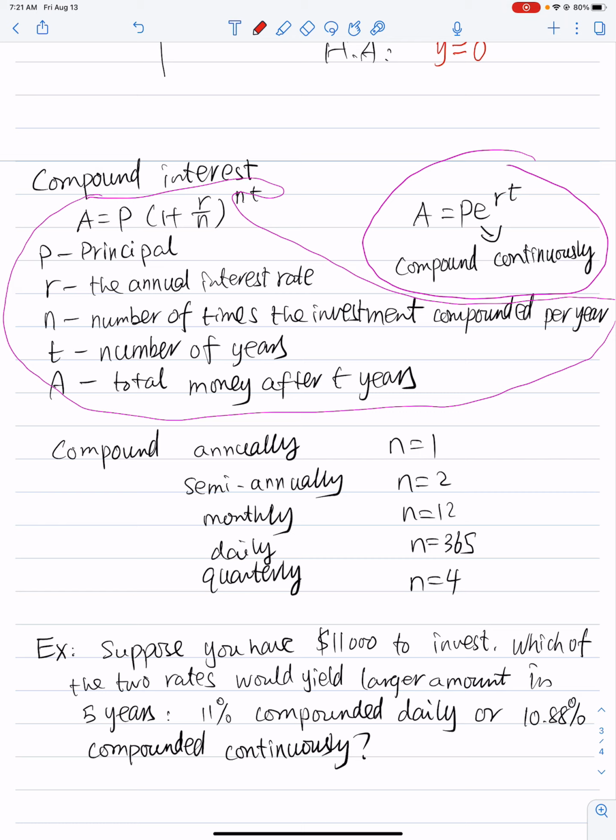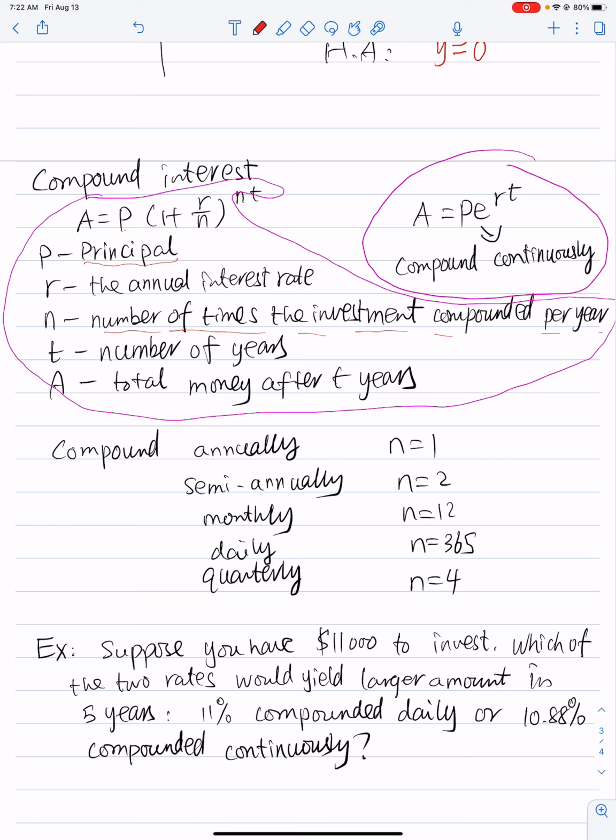If you compound a number of times every year, you have A equal to P times 1 plus r over n, to the power nt. P is the principal. This is how much money you have before you get the interest, how much money you deposit at the bank. r is the annual interest rate. n is the number of times the investment is compounded per year.